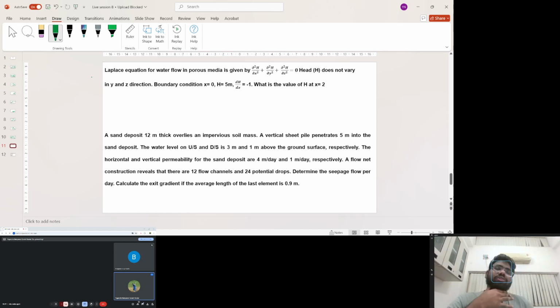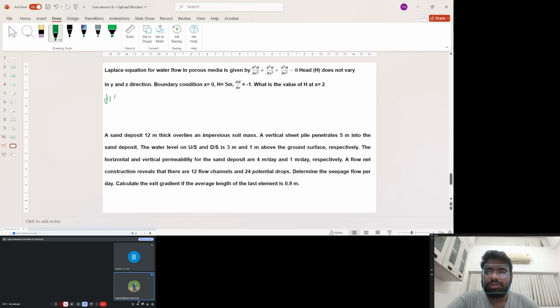Right. Now, this is the Laplace equation we know, and the major condition specified regarding this question is that the head does not vary in y and z direction.